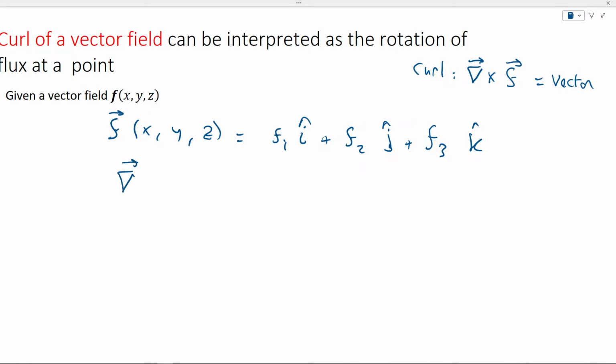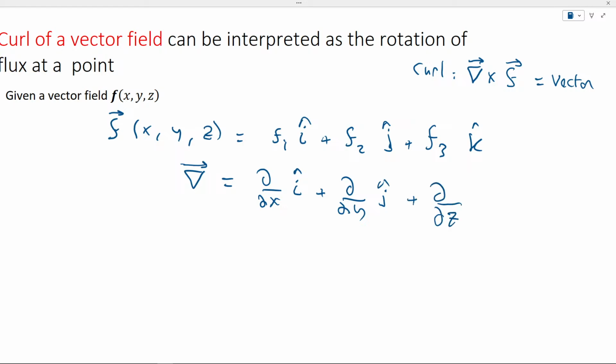The gradient is equal to partial derivative with respect to x in the i direction plus partial with respect to y in the j direction plus partial with respect to z in the k direction.